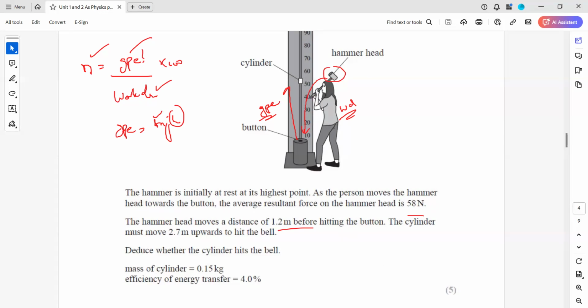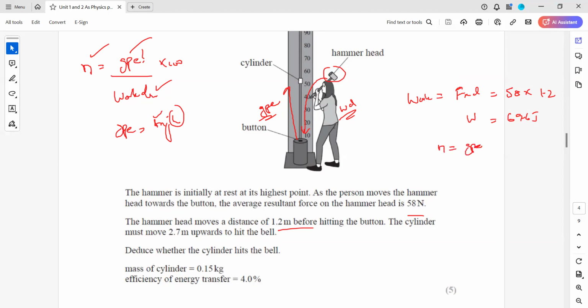So first, how much work is done on the hammerhead? The work done is the product of force and distance. The force is 58 and the distance is 1.2. So this gives us 69.6 joules. That is the work done. Then we have the efficiency formula.